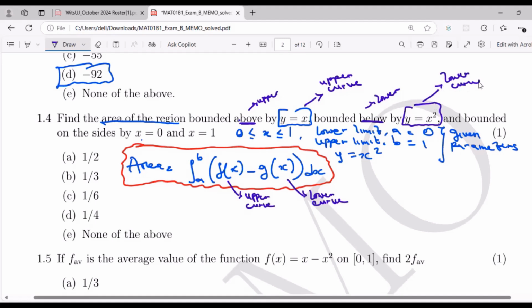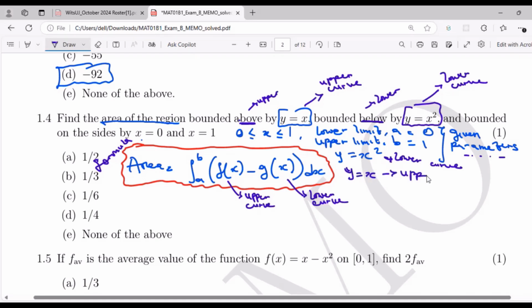This is our formula, and these are our given parameters. Now if we slot in our given parameters, our lower curve is y equals x squared, and y equals x is our upper curve.